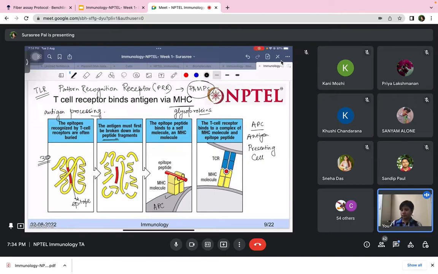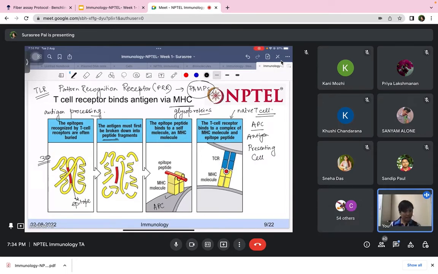Alright, so like I was telling you, now when this epitope is presented on the MHC molecule, these APCs are actually circulating in the blood, and then some T cells which recognize this antigen, they are naive T cells.